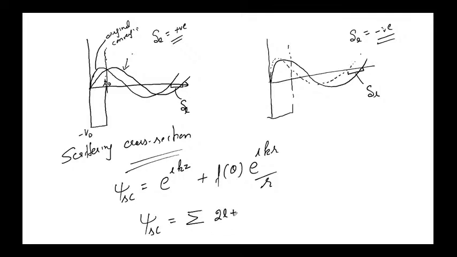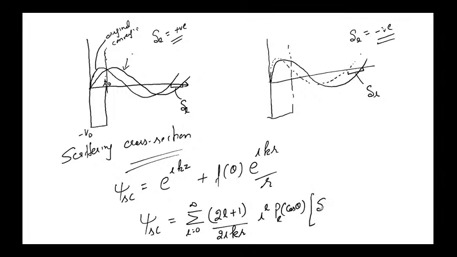So 2L plus 1 over 2ikr, where L varies from 0 to infinity, i^L P_L cos theta.